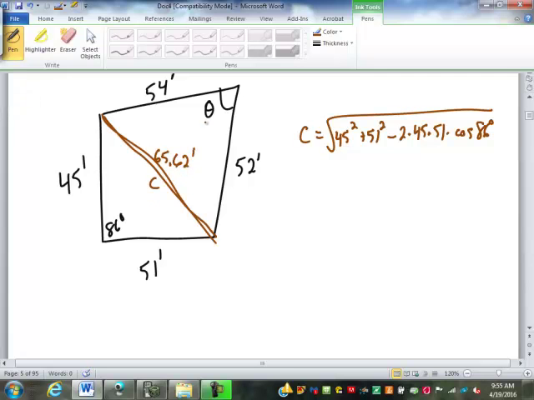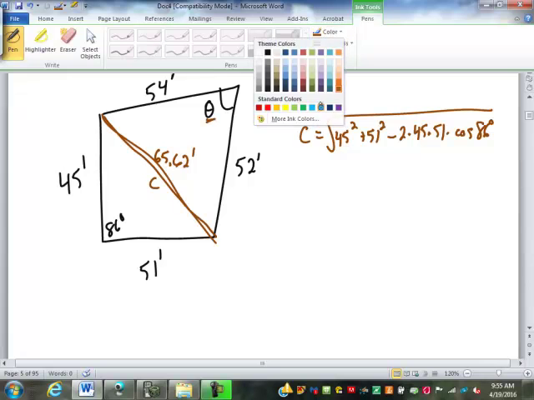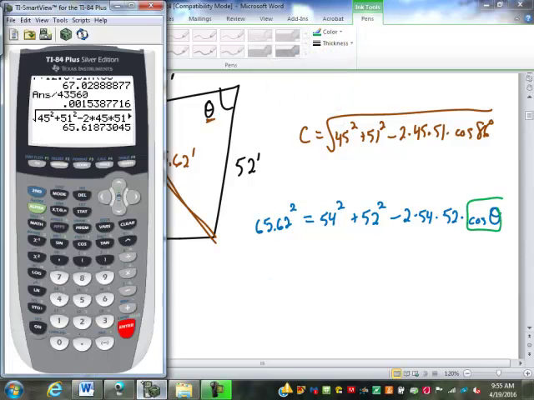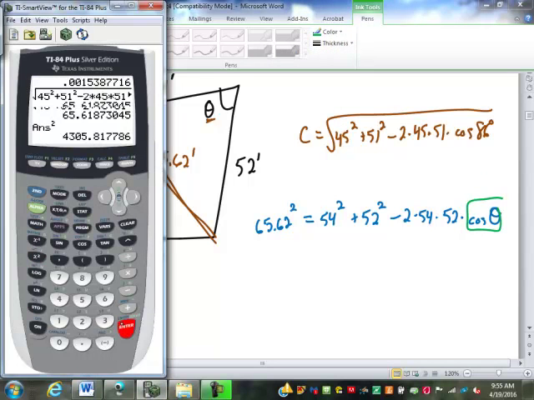Once we have that, now we need to use that to find theta. So that's still C. So 65.62 squared equals 54 squared plus 52 squared minus 2 times 54 times 52 times the cosine of theta. Now remember, we're going to treat this like it's our variable. So I'm going to square this again. You get 4,305.82.